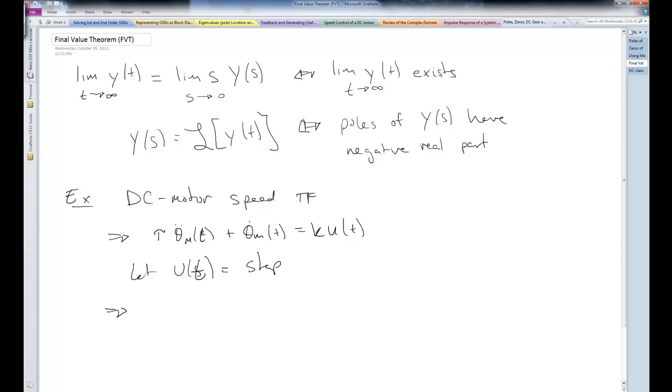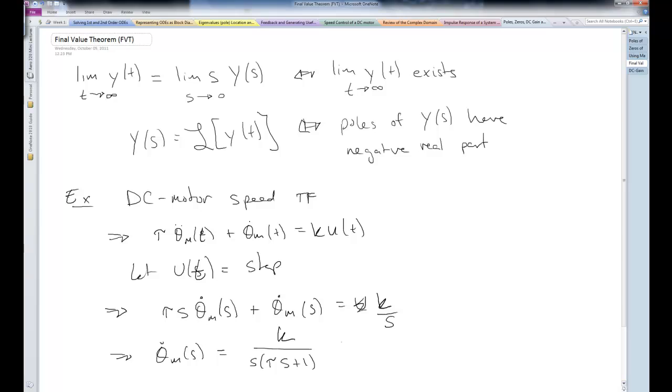And then when I take the Laplace transform with regard to the speed, I end up with tau s theta m dot of s plus theta m dot of s is equal to k times 1 over s. And when I solve for theta m dot of s, I end up with k over s times tau s plus 1.